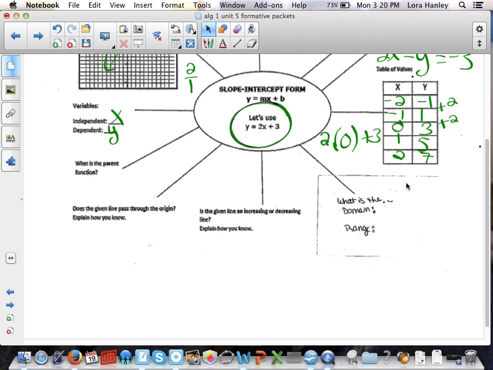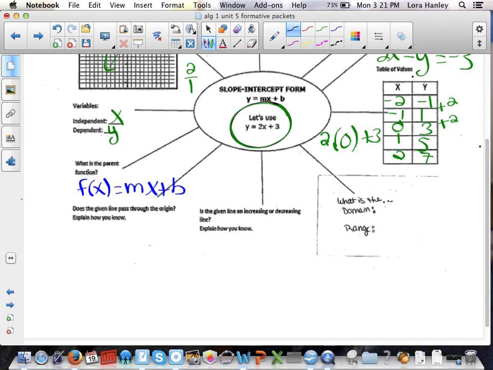Last couple things we want to talk about here are bringing us back to the function unit. So we talked about parent functions before. That's your most basic linear function. And the general equation was f of x equals mx plus b. We did talk about that. However, the parent function is when your line goes through 0, 0, the origin, and your slope is 1. So you result in an equation that is just f of x is equal to x. So when you have f of x equals to x, it goes through the origin, and its slope is 1 over 1, so up 1 over.